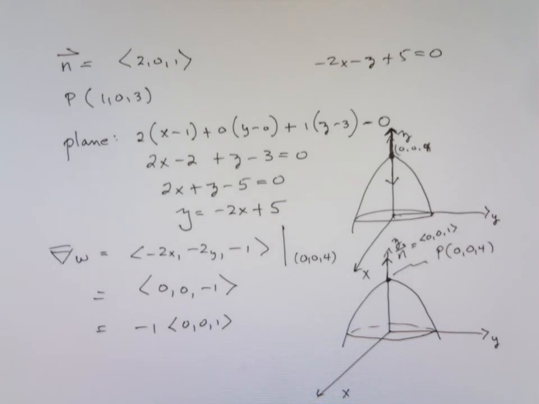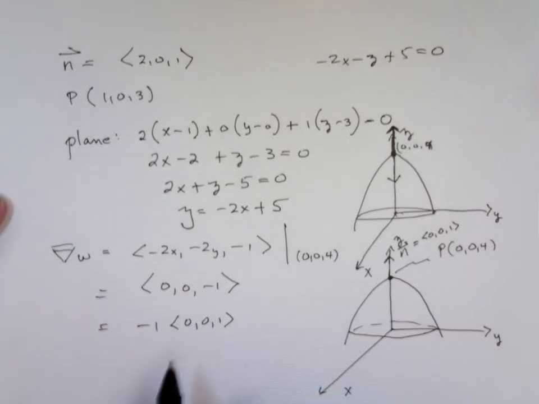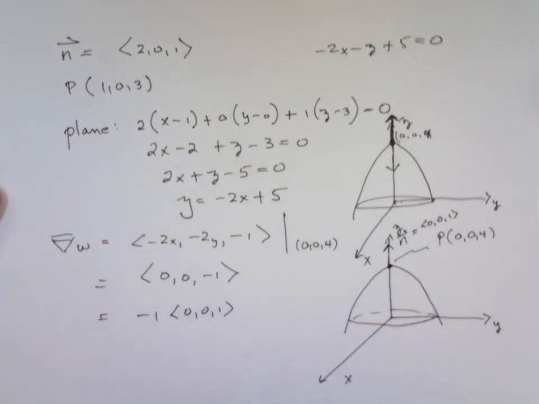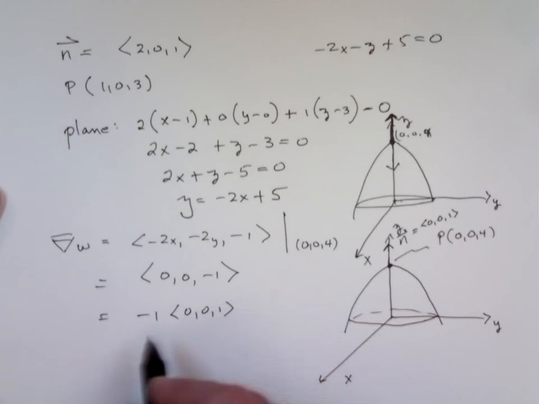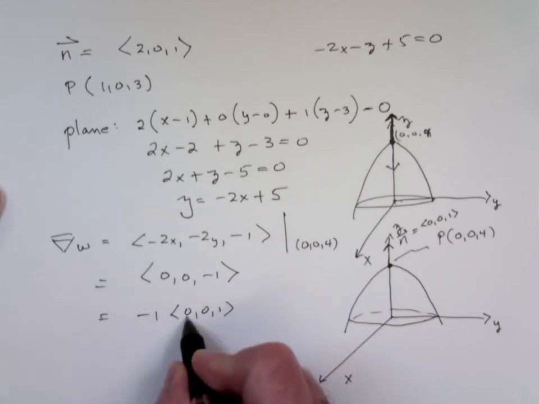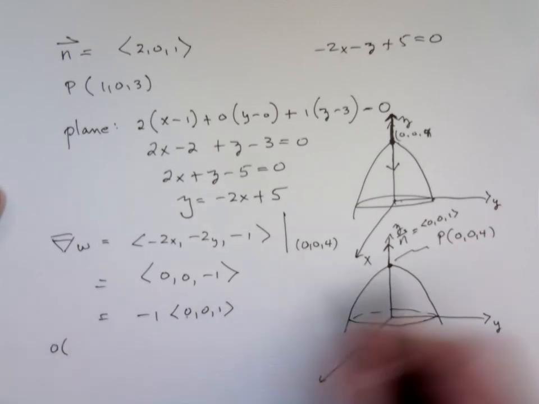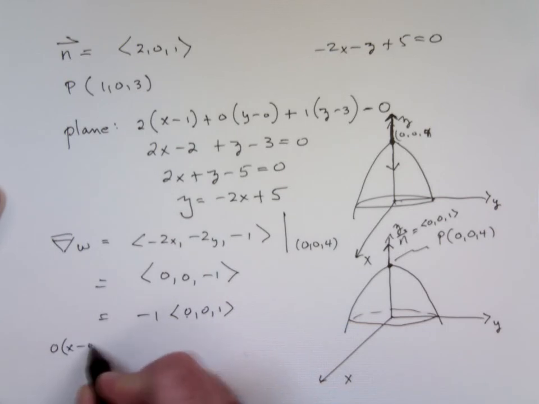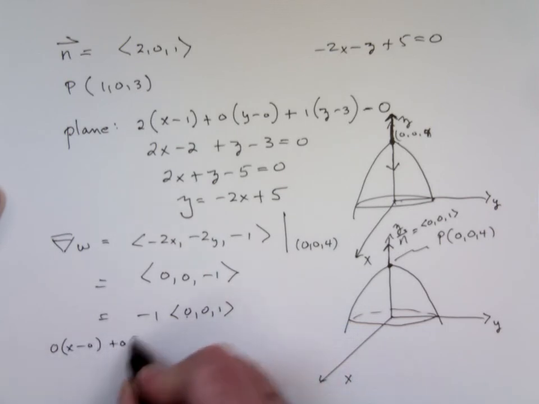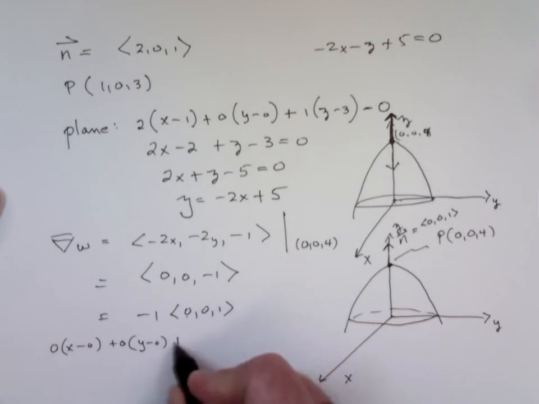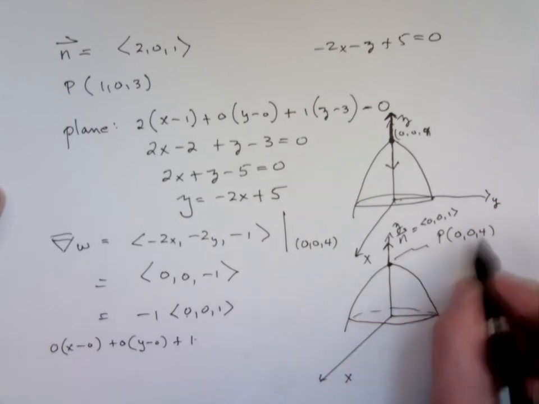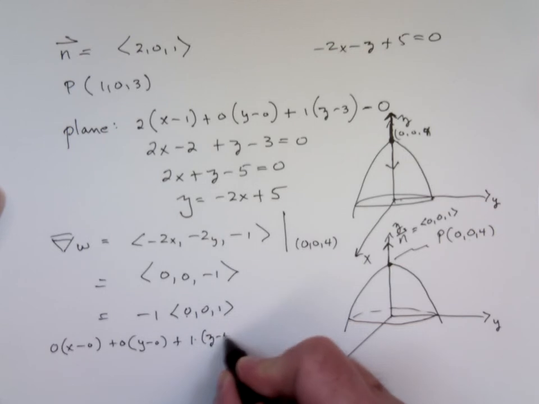Okay, so let's define our tangent plane. You ready? We've got our normal vector. We've got a point. Here's the equation of the tangent plane: 0 times x minus 0, plus 0 times y minus 0, plus 1 times z minus 4, equals 0.